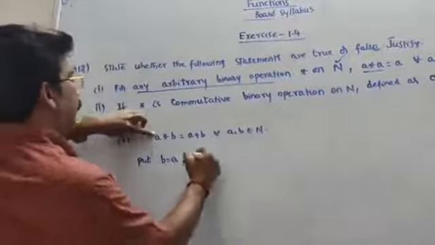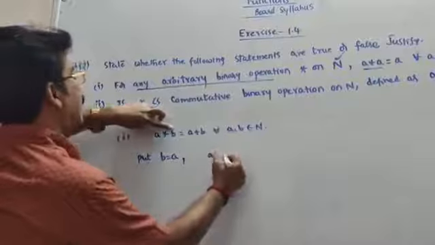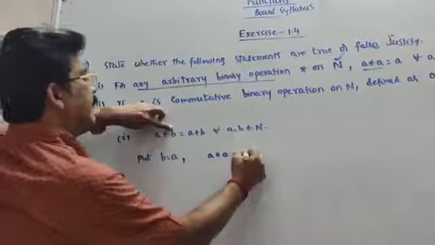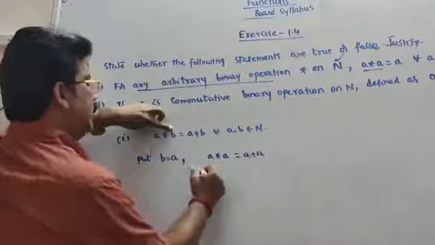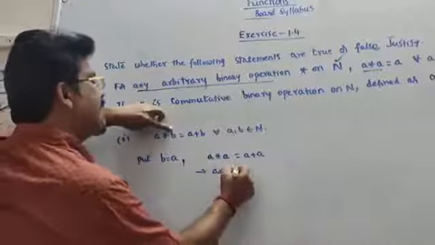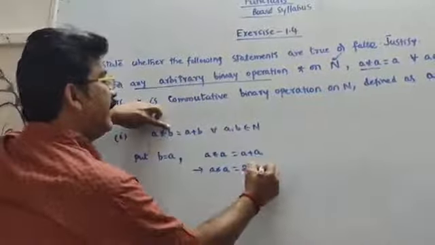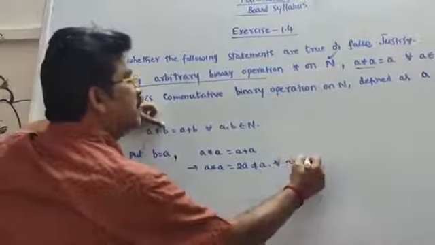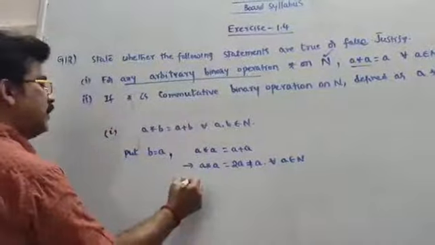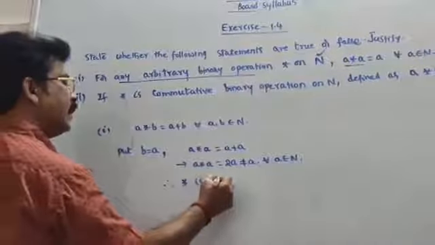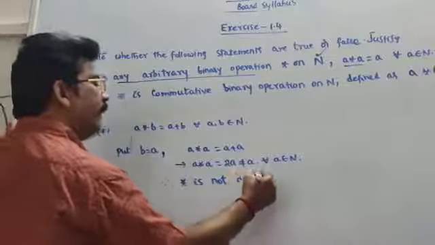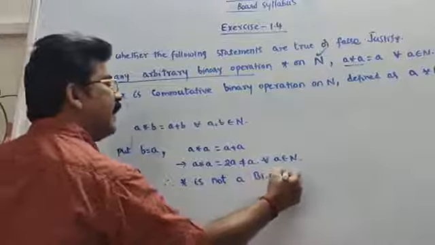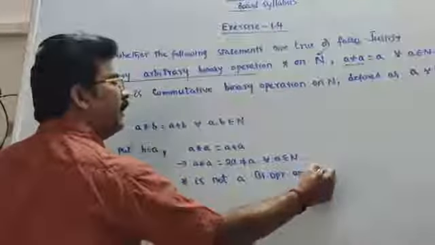Therefore A star A is equal to A plus A. So that implies A star A is equal to 2A. But 2A is not equal to A for all A belonging to natural numbers. Therefore star is not a binary operation on the natural number set.